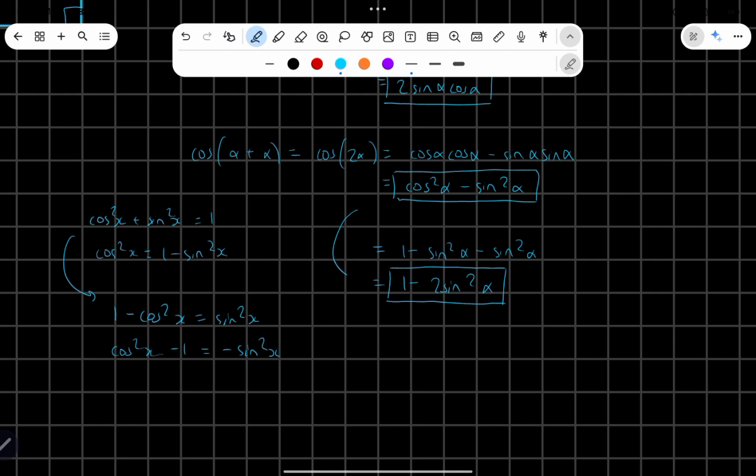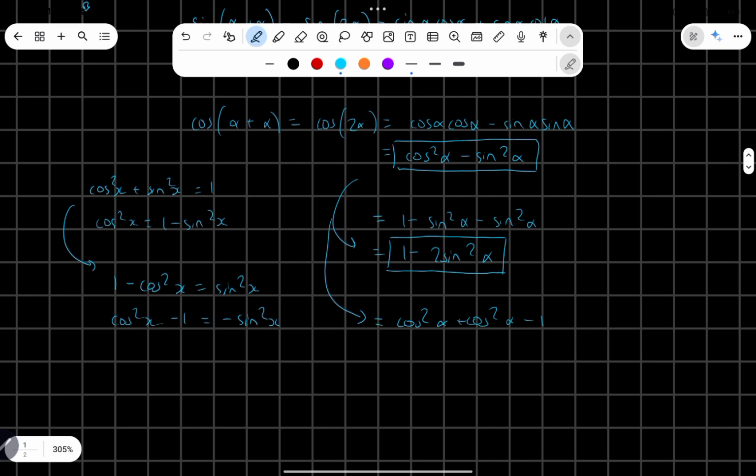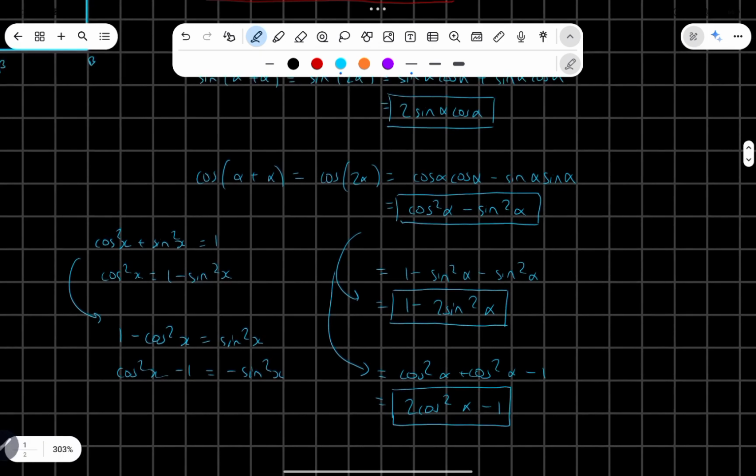And then this is going to be equal to cos squared alpha plus cos squared alpha minus 1, which is the same as 2 cos squared alpha minus 1. And this is the double angle cos formula in terms of just cos alpha.